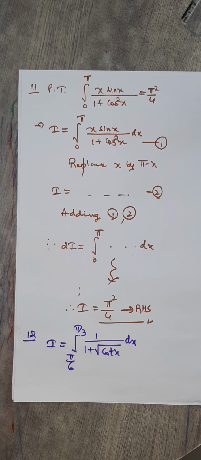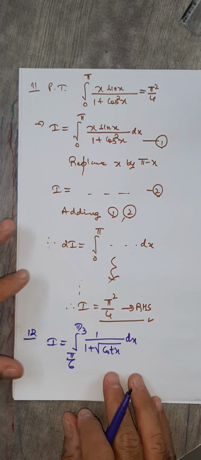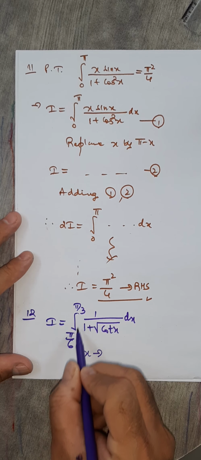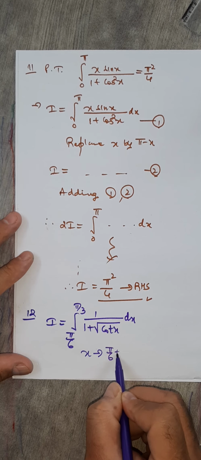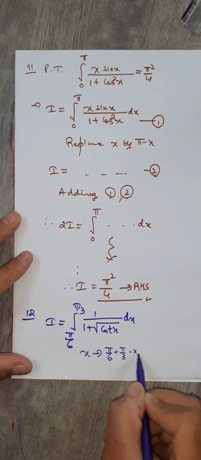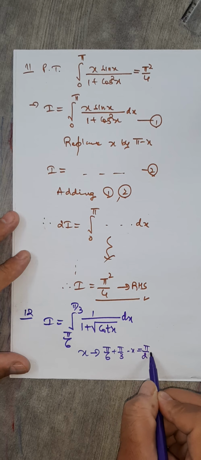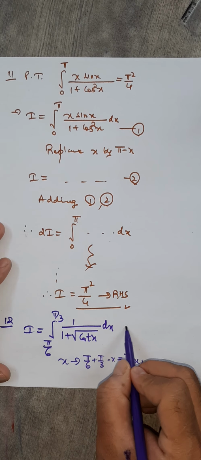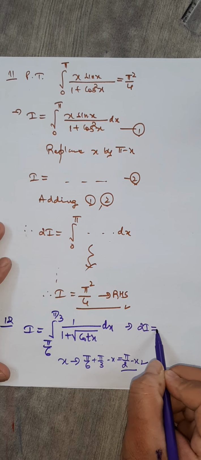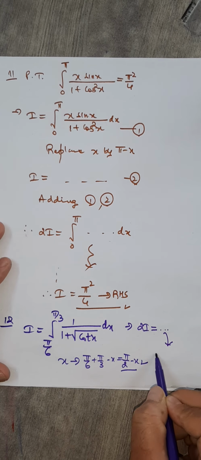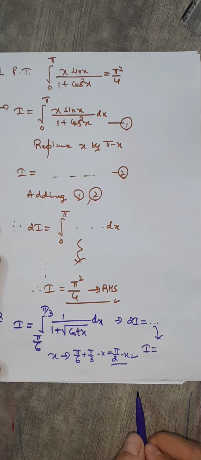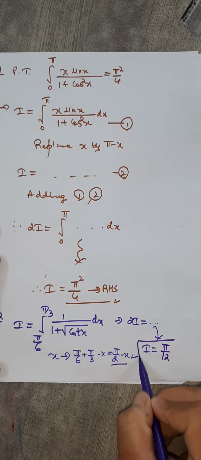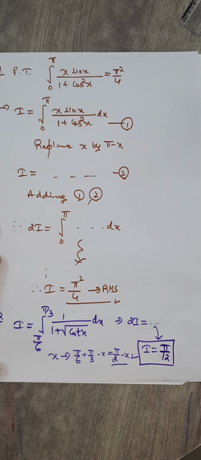Now what we do, as we did a number of times, replace x by a plus b minus x, pi by 6 plus pi by 3 minus x, which is just pi by 2 minus x. Use this, do I plus I, and simplify. At the end, your final answer is I equals pi by 12. Try to do this. Final answer is I equals pi by 12.